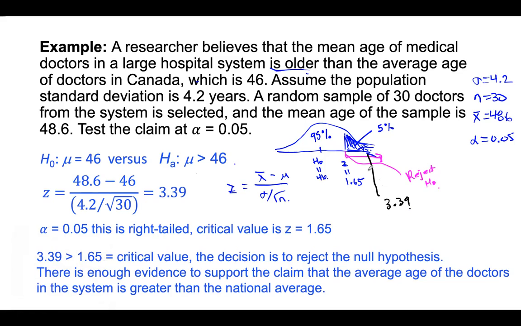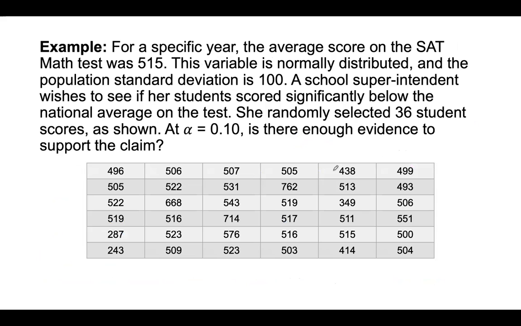Therefore, we make this decision to reject the null hypothesis because it falls in the rejection region. So there is enough evidence to support the claim that the average age of doctors in the system is greater than the national average, because this value falls in that area, with this particular significance of alpha being 0.05, which corresponds to 95% certainty.